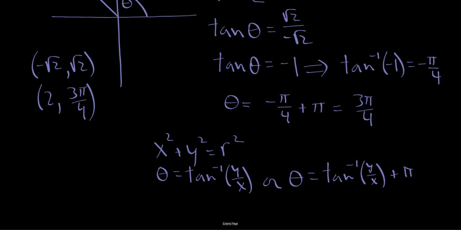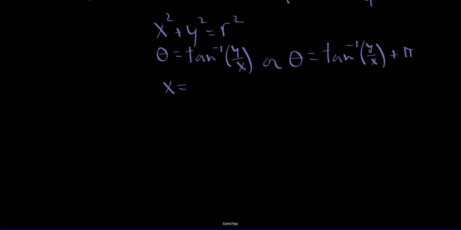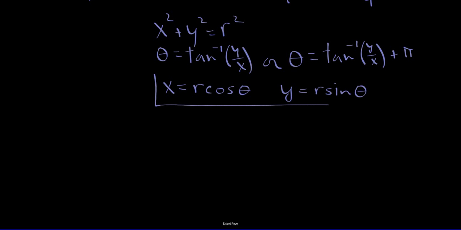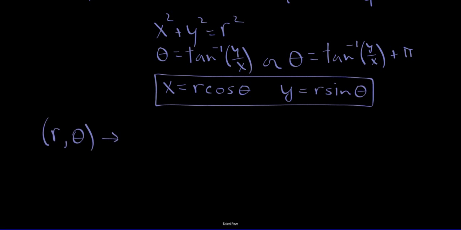One of those two. So that's a couple of relationships that we looked at. We also know that x is equal to r cosine theta, and y is equal to r sine theta. Now, these two things will help us to go from polar to rectangular.